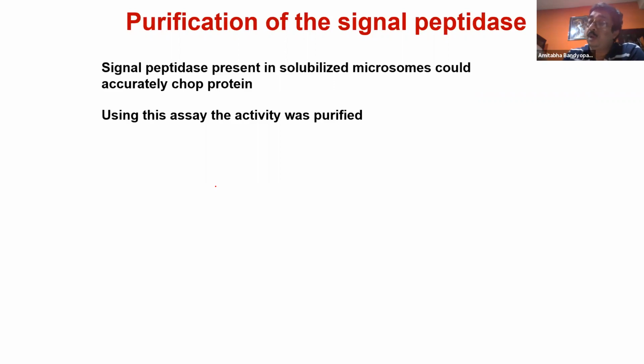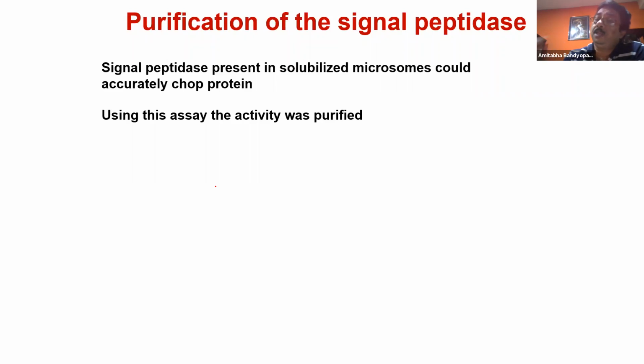So you say that, okay, then this gene must be important for this function. In biochemistry, you identify a sample, okay? So a specimen. In this case, it is the solubilized microsomal membrane. So that has the ability to chop the signal peptide.